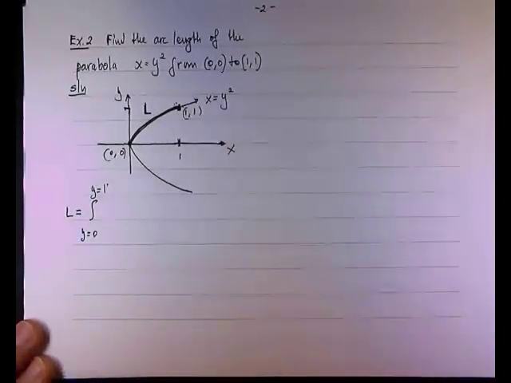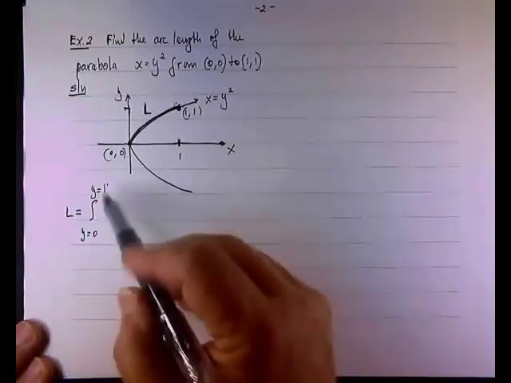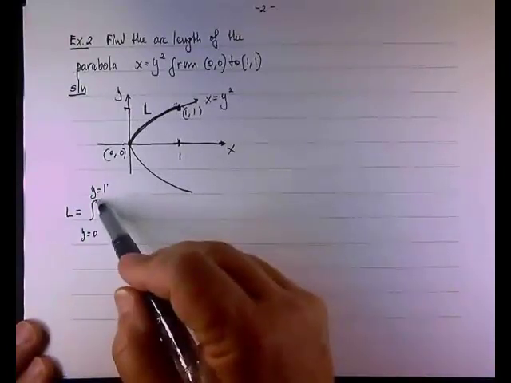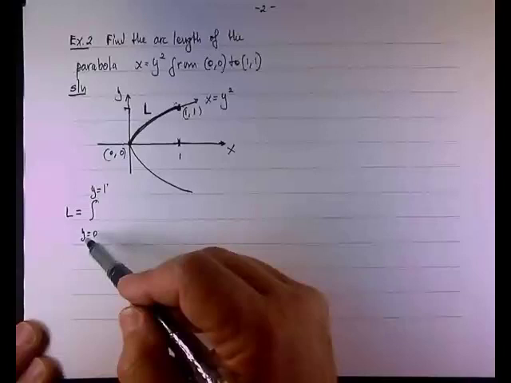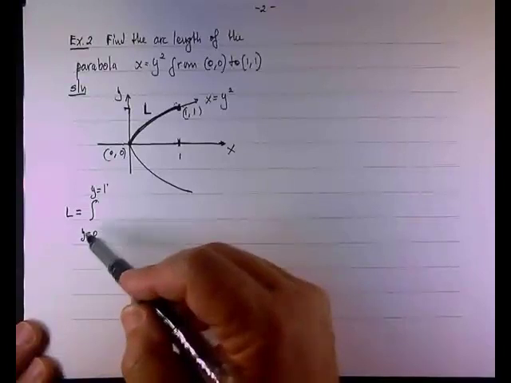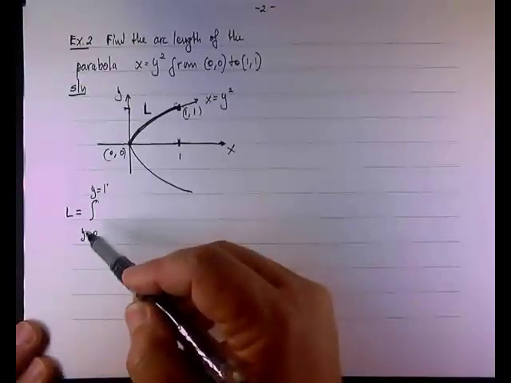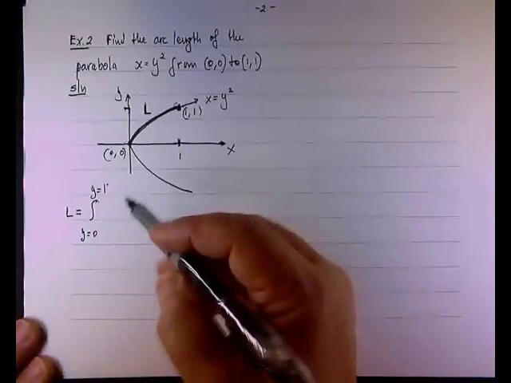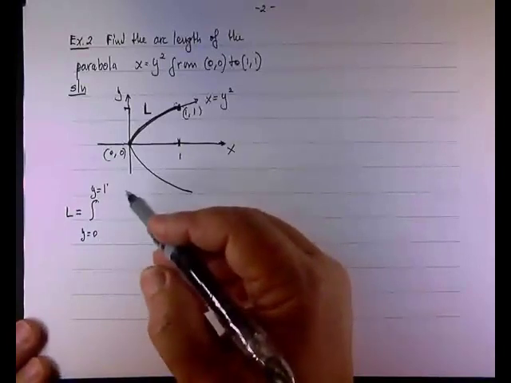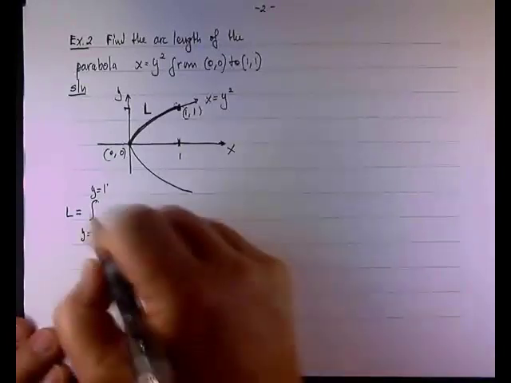But we went 1 to 1. I wrote the boundaries like this to install the idea in your mind that you need to verify that you're putting the y value on the boundaries rather than the x value, as y is the variable of integration.